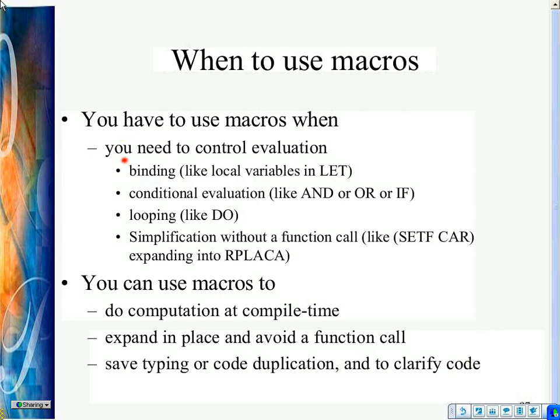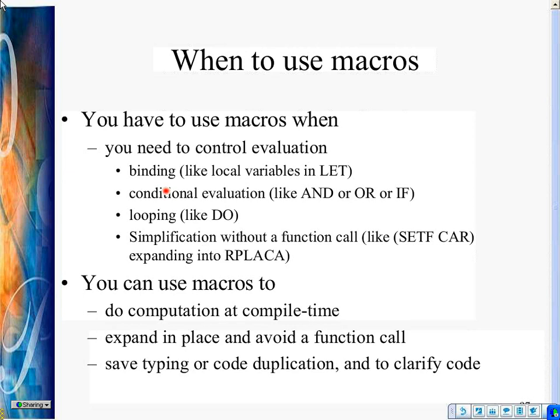Now, you have to use a macro where you need to control the evaluation. So when you call a function, in those OR macros we had, what do we mean by control evaluation? When you call the macro OR, remember that it will only evaluate arguments until it gets a non-nil one, and then it won't evaluate the remaining arguments.